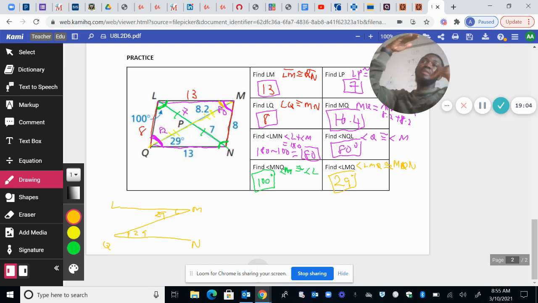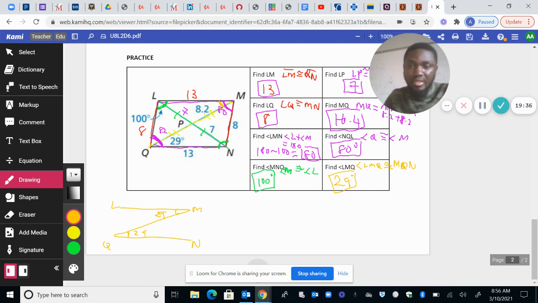The angle formed at the upper left will be the same as the angle formed at the lower right. And also the angle formed at the upper right will be the same as the one formed at the bottom left. That shows opposite angles are congruent.